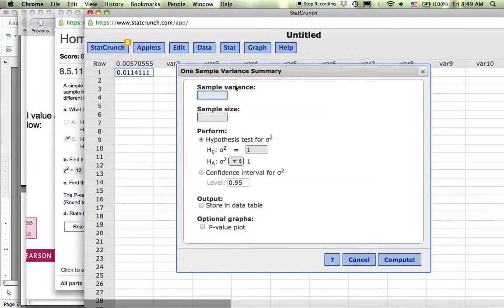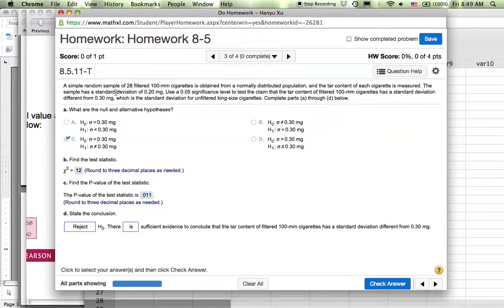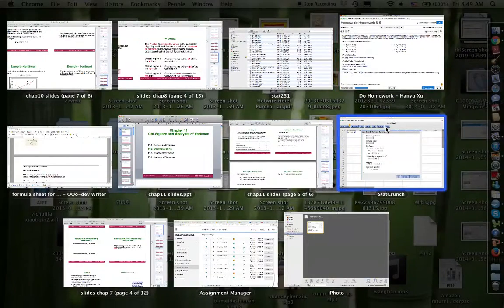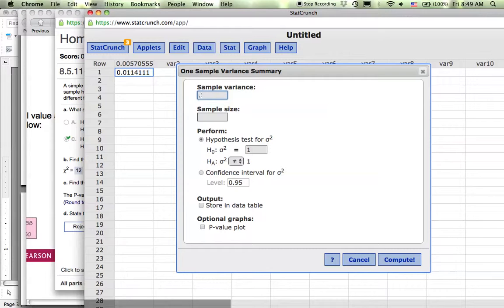It asks what the sample variance is. We only have the sample standard deviation, 0.2, so the sample variance is the square of 0.2, which is 0.04, and the sample size is 28.